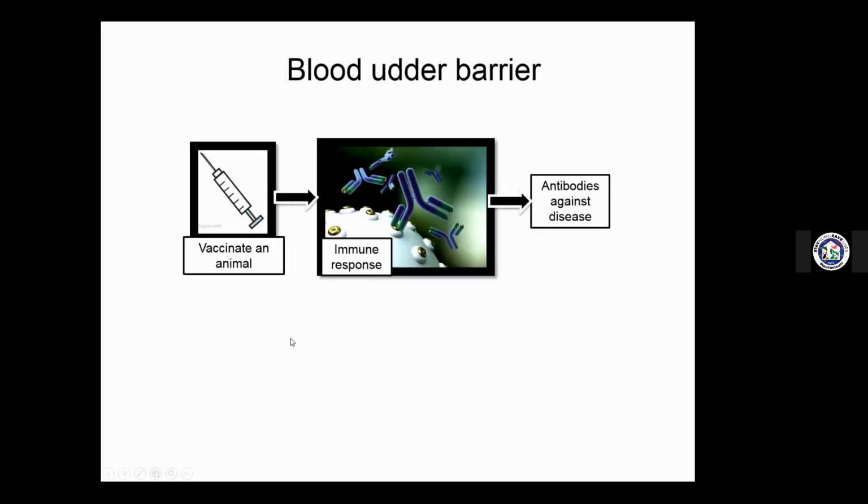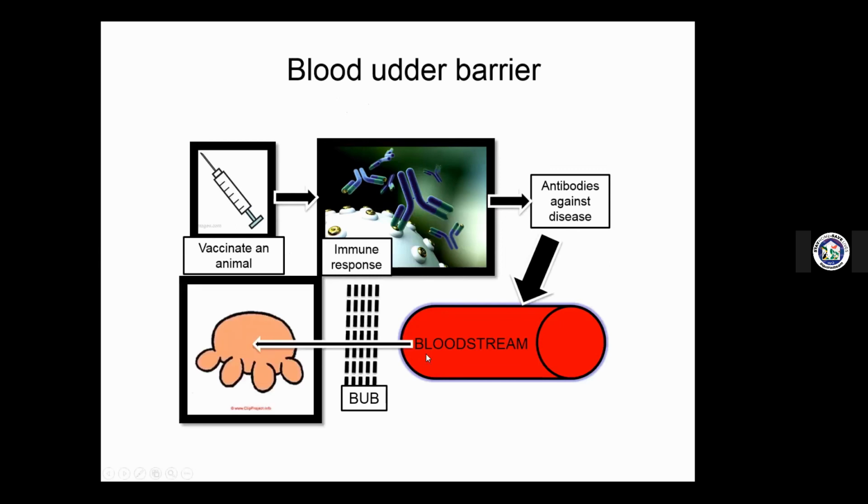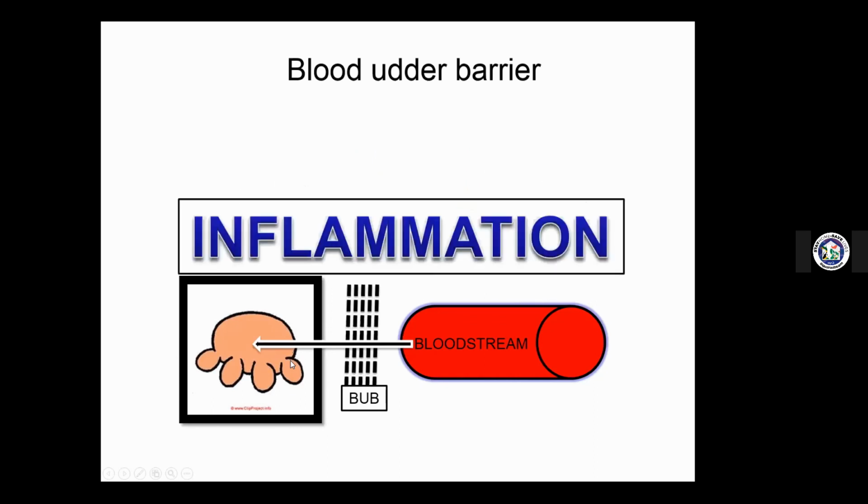Just something to remember when vaccinating the udder. When vaccinating, we basically get the immune response. The antibodies are circulating in the bloodstream, but the blood-udder barrier, not many of them pass through there. It is only in a situation where we get inflammation that the blood-udder barrier becomes much easier for that immune system to get right to the polymorphonuclear leucocytes and neutrophils, to get right down to the udder and work.